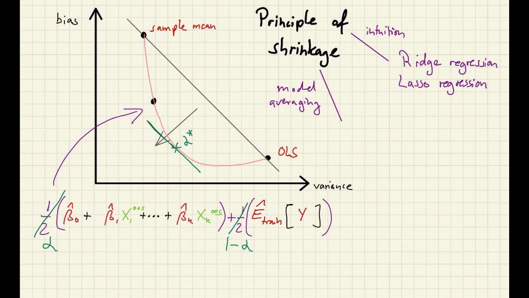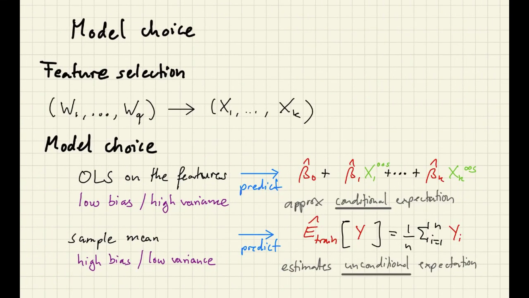And this principle is behind predictive methods that combine different predictive models, and such combinations of predictive models are called ensemble methods. The principle of shrinkage gives rise to new predictive models such as ridge regression and the lasso.